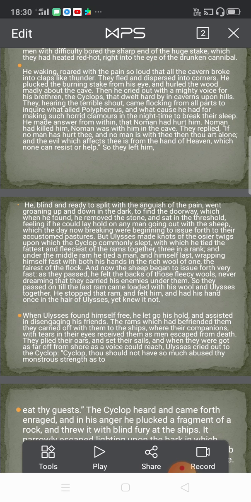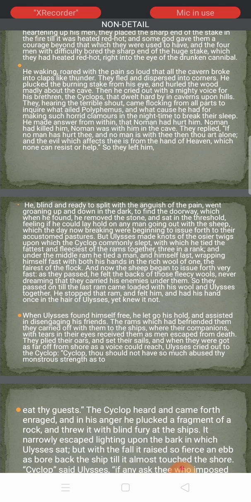And now the sheep began to issue forth, very fast. As they passed, he felt the backs of those fleecy wolves, never dreaming that they carried his enemies under them. Cyclops thought that all the sheep are moving outside. Oh, they are going because I have become something, or I'm in trouble.